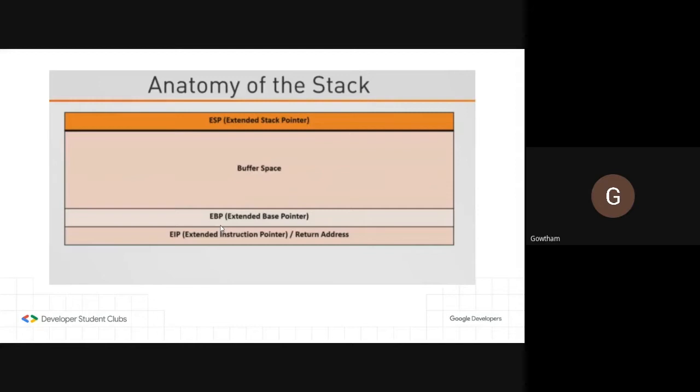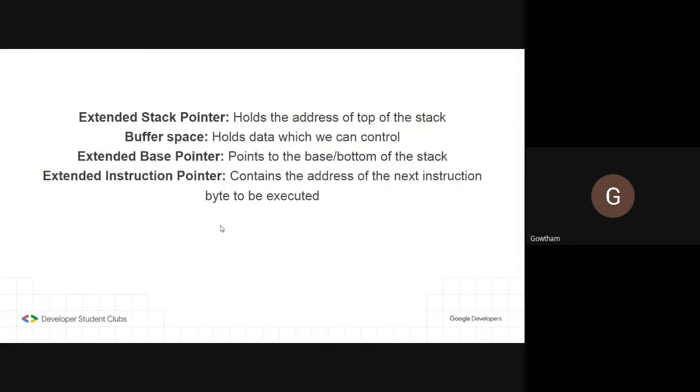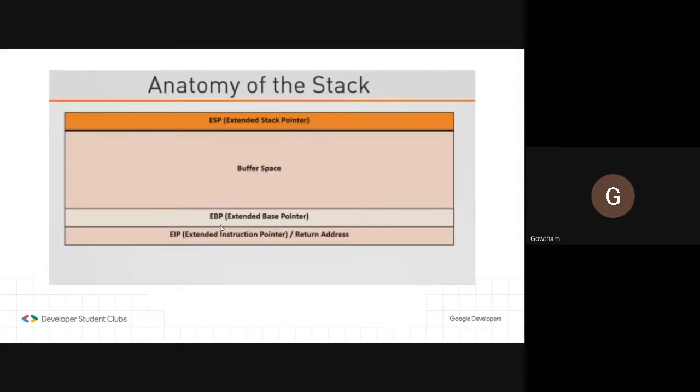So we'll understand what stack is. Stack consists of 4 things: an extended stack pointer, a buffer space, an extended base pointer, and an extended instruction pointer. We'll understand one by one what those are. Extended stack pointer holds the address of the top of the stack. So ESP here stores the address of the top of the stack.